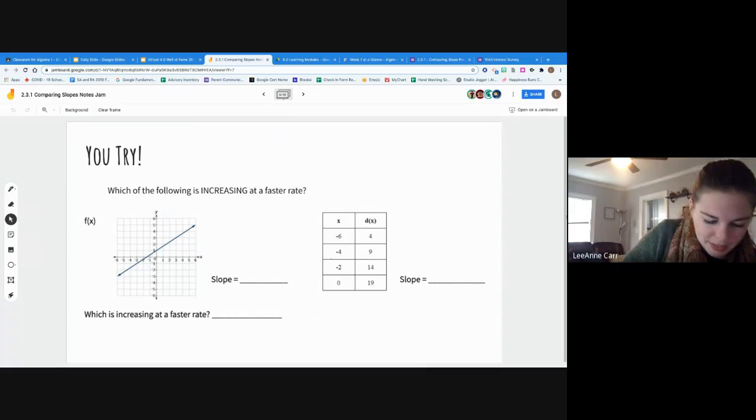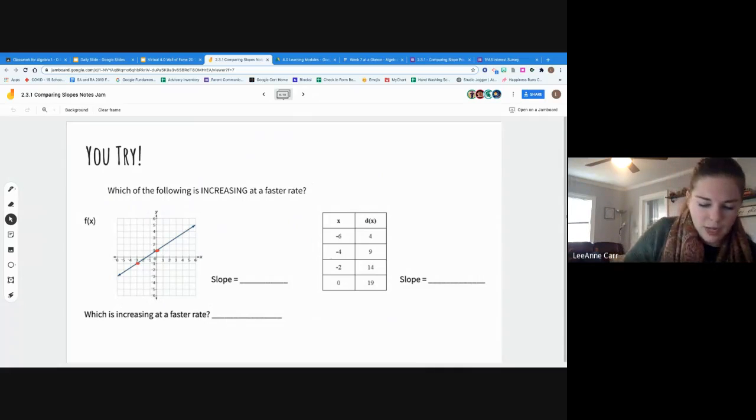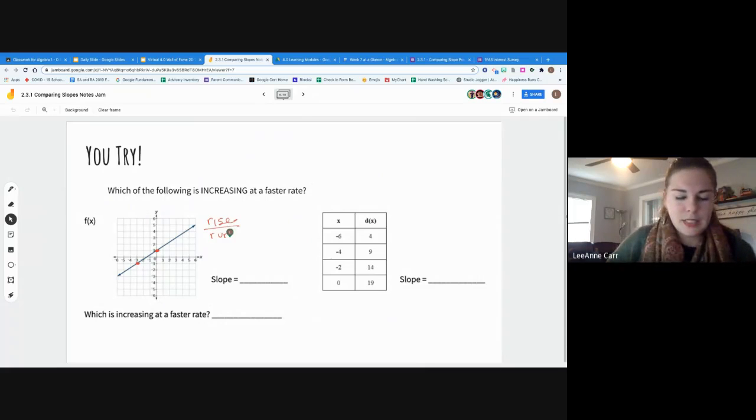So I'm going to pick this spot and this spot. Okay. And then we're going to count our rise over our run. Does anybody have that slope ready to go with our graph?